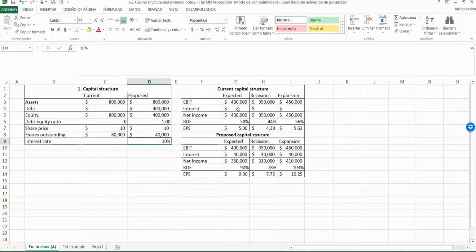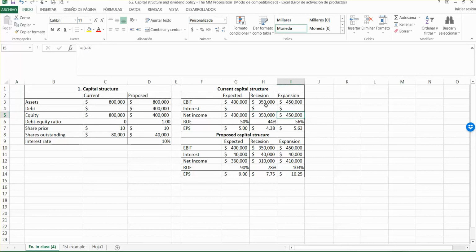So we have in the expected, I mean, which we are right now, the income before interest and taxes. And the interest obviously we don't have in the current. That's why we don't have anything right here. So we obviously have the same thing for the three options: expected, recession, expansion.